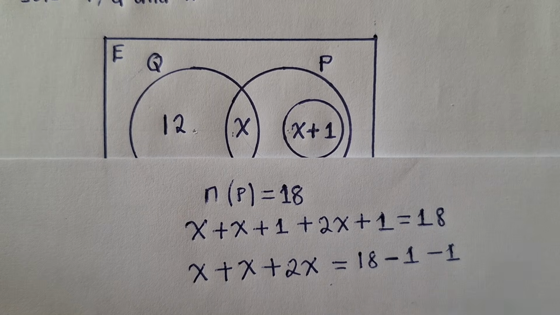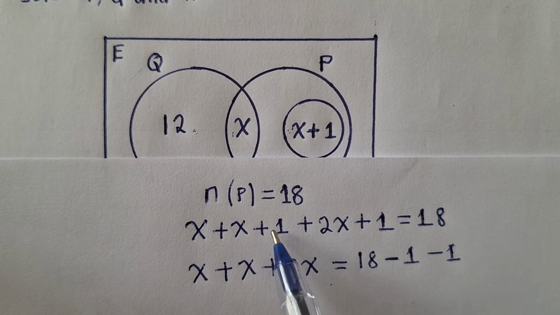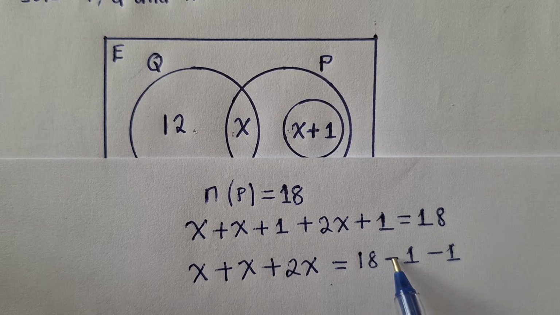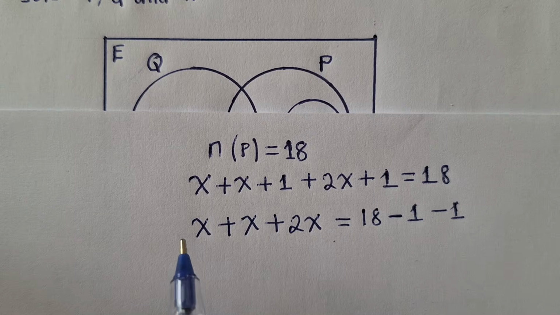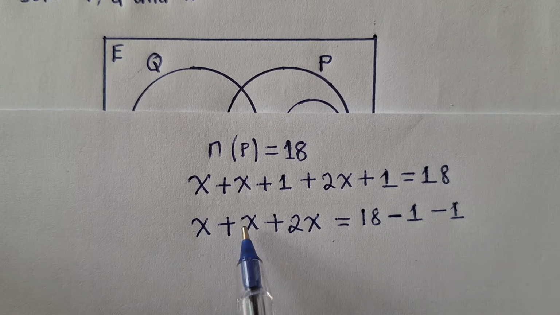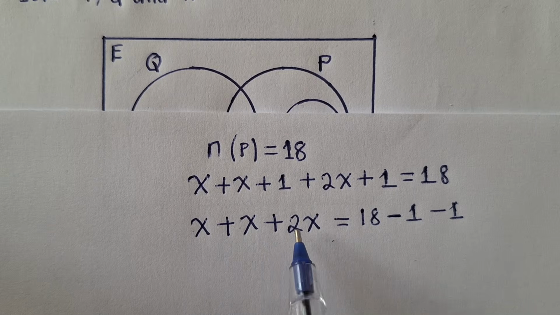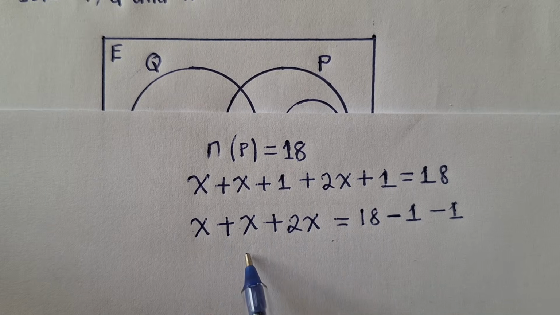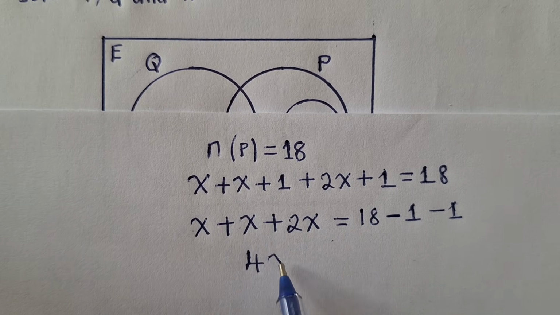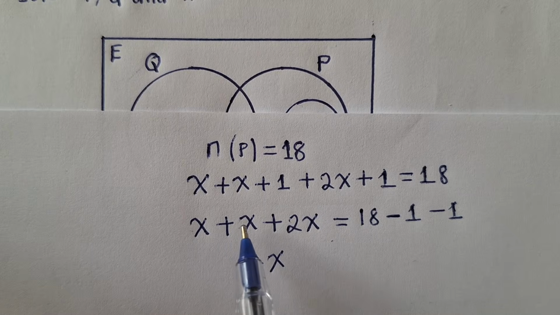The mathematical rule says that whenever this comes this side, it changes the sign to negative. Positive, negative. Here, there is a 1 in front of this X and a 1 in front of this X. We shall add them. So 1 plus 1 plus 2, it will give us 4X. So there are 4 X's.